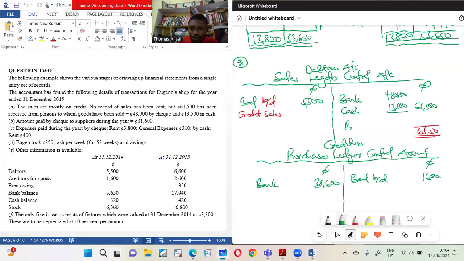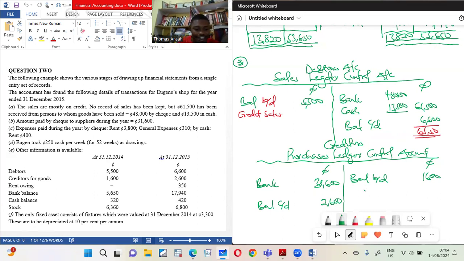Let me change the ink. The balance carried down, which is how much? 600. So it means this size changes a little. And here too, the balance carried down with the creditors is how much? 2,600. So it means that this side will change. So that becomes 61,500 plus 6,600.